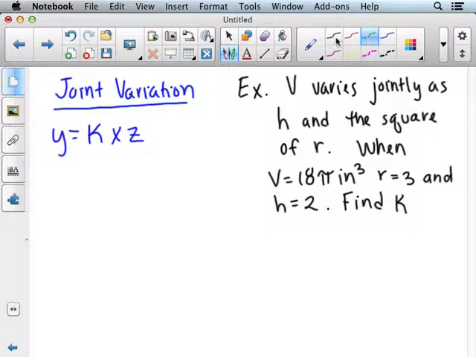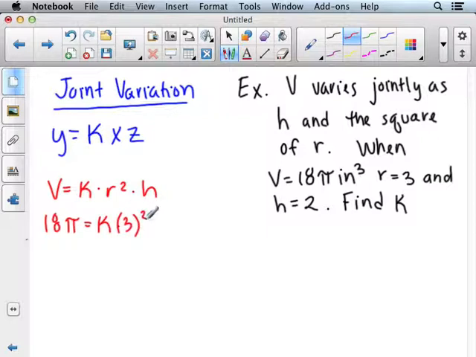So I'm going to say, what is this? Volume equals k times, and it says it varies jointly as h and the square of r. So r squared times h. Volume's 18π equals k times our radius is 3, so 3 squared times our height is 2.